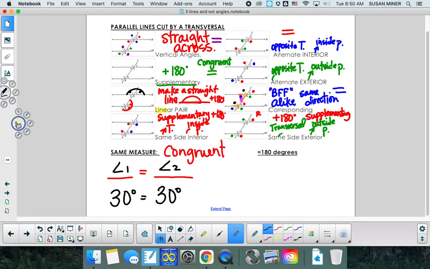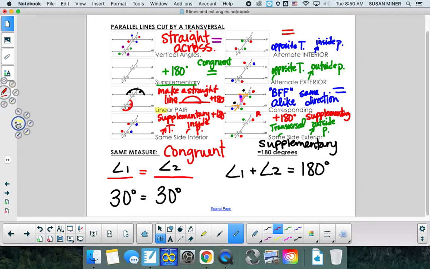If I have supplementary angles and they add up to 180 degrees, then angle 1 plus angle 2 has to equal 180 degrees.